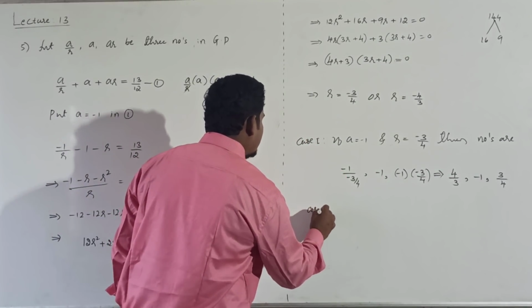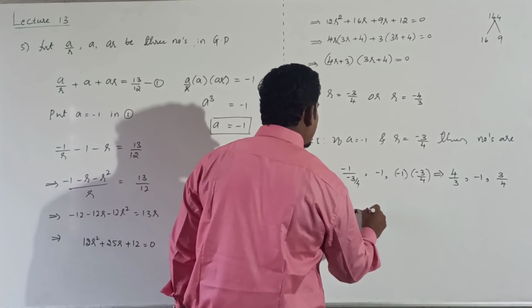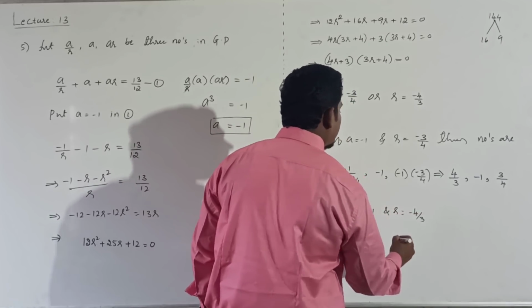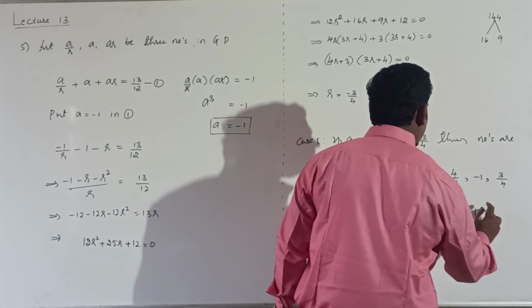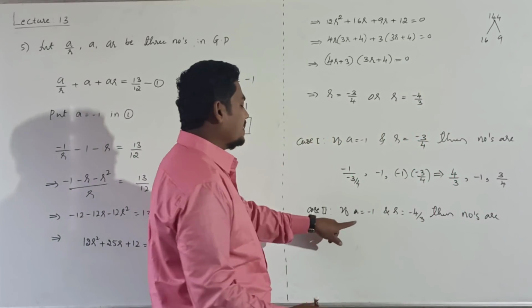Then what is the second case? Case 2: if a is equal to minus 1 and r value is minus 4 by 3, then what are the numbers?